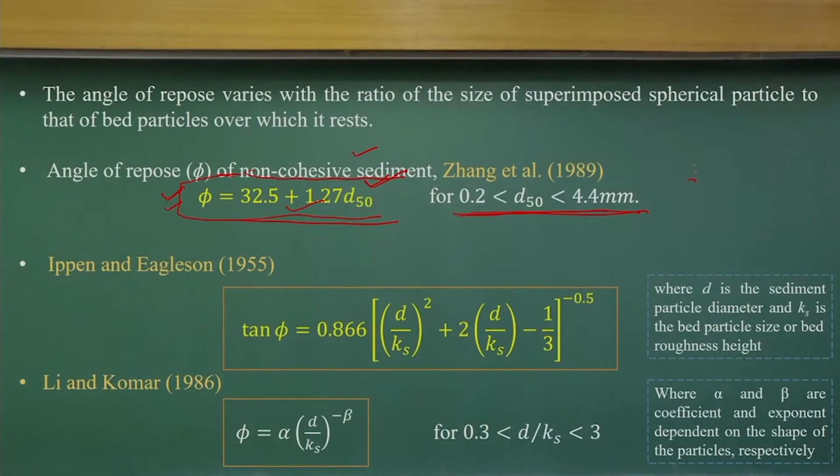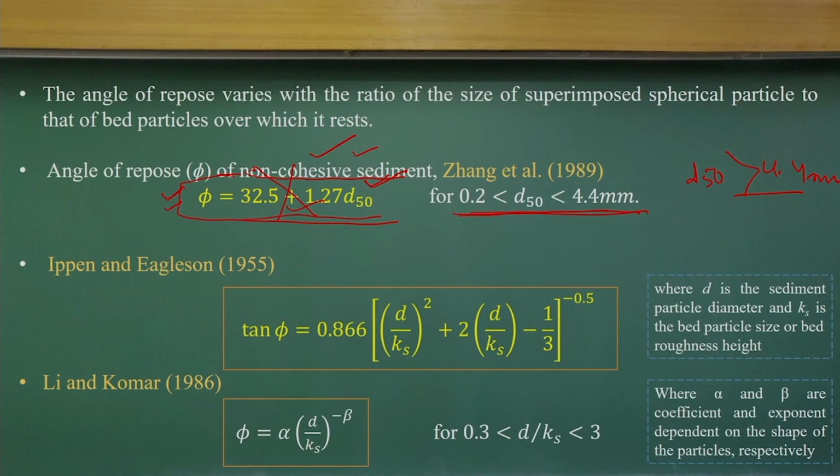Whenever you apply empirical equations, look at the validity range, because the equation is established for that range. So please don't use this equation for a D50 beyond 4.4 mm, because the equation is not valid for that.